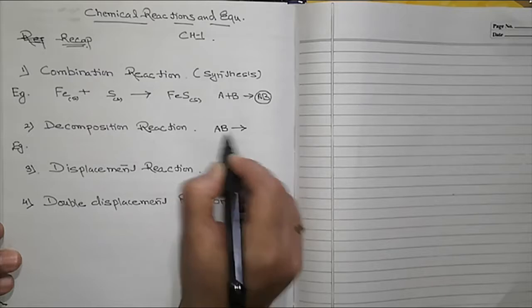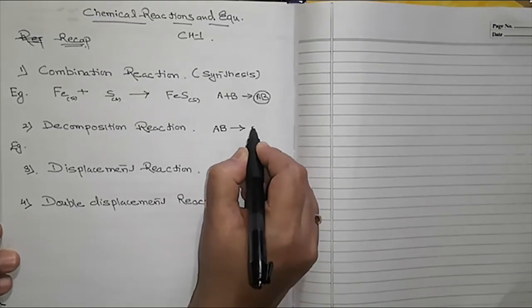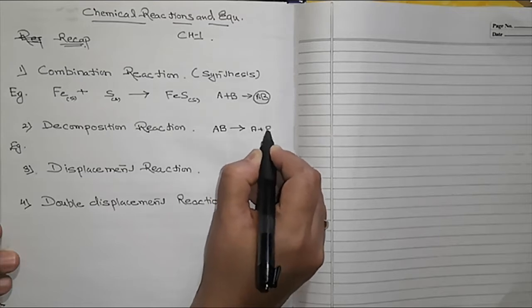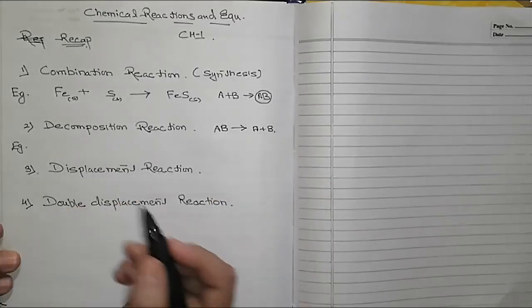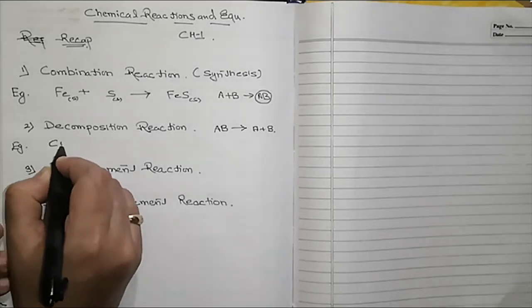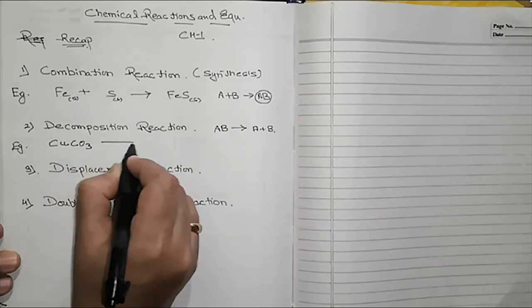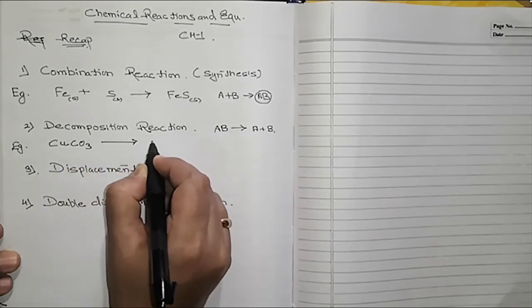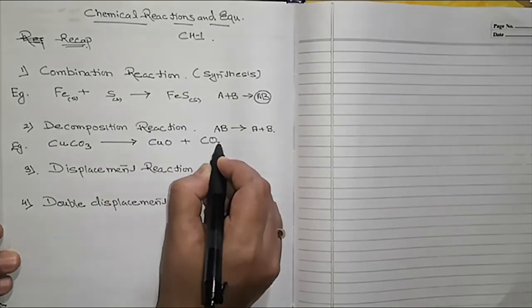AB is a compound which will disintegrate into two or more simpler compounds, A plus B, okay, or simpler elements. Let's take an example of decomposition reaction. Copper carbonate disintegrates to give copper oxide plus carbon dioxide.